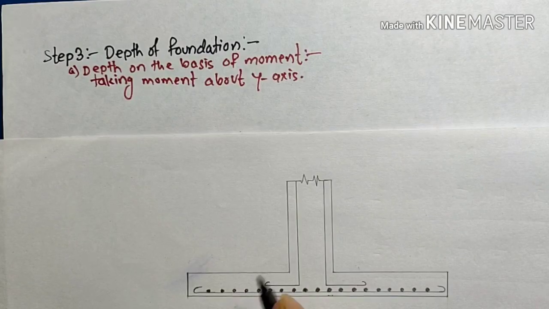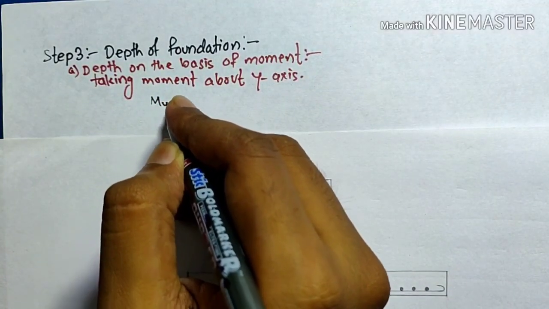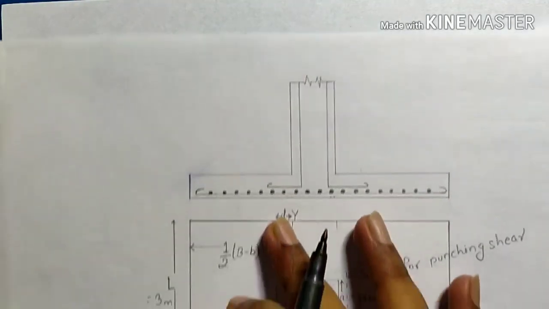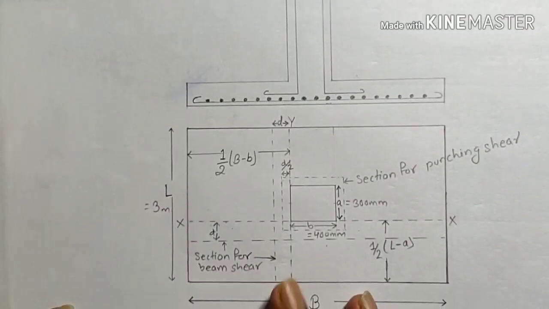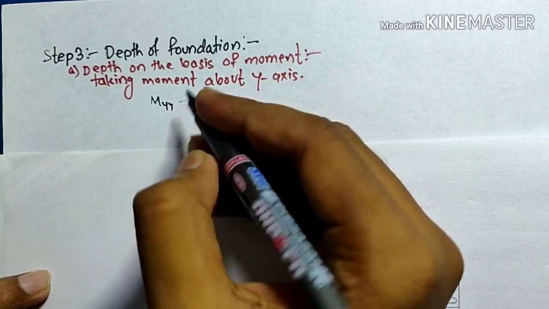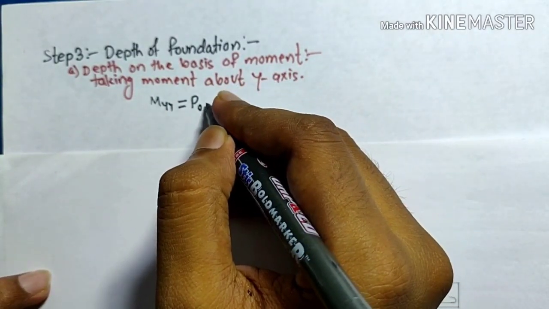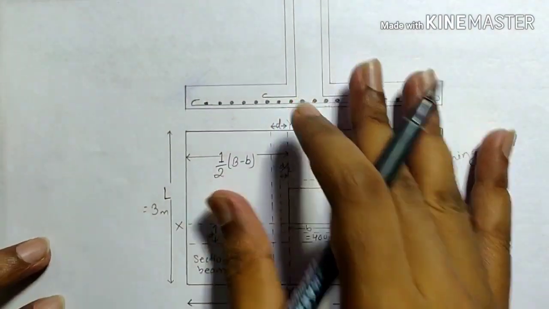So here our moment about y-axis, let it be denoted by MYY, and this is our y-axis. So our moment is going to be P naught, net upward pressure of the soil, into span.